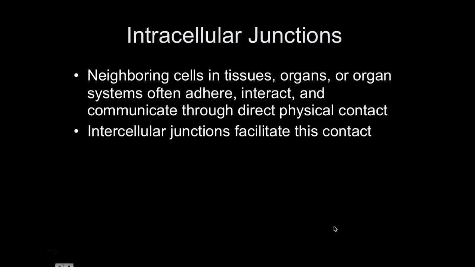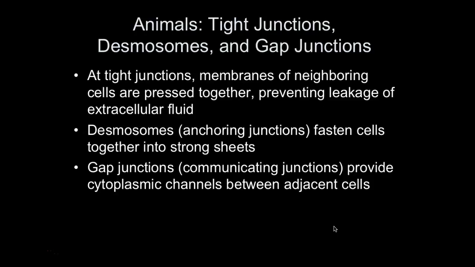Intercellular junctions are extracellular features that allow neighboring cells, tissues, organs, or organ systems to adhere, interact, and communicate through direct physical contact. Intercellular junctions facilitate this contact with the cells. Animal cells have things called tight junctions, desmosomes, and gap junctions.